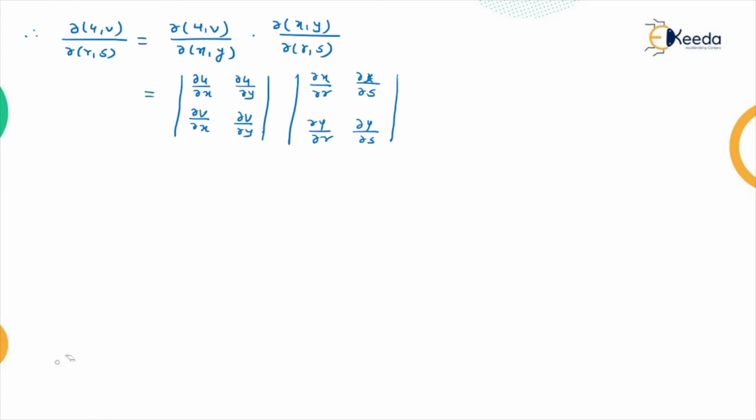So you first have to find these 8 partial derivatives. We call this equation number 1.